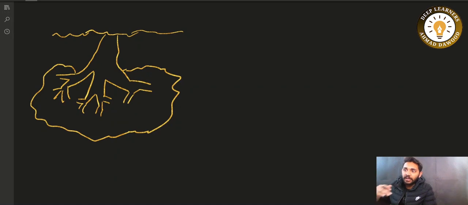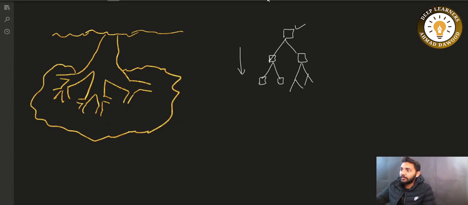In that way the actual decision tree grows. Like if I show you in this way, the decision tree structure usually grows with the root on the top side, and the branches and leaves growing downward.